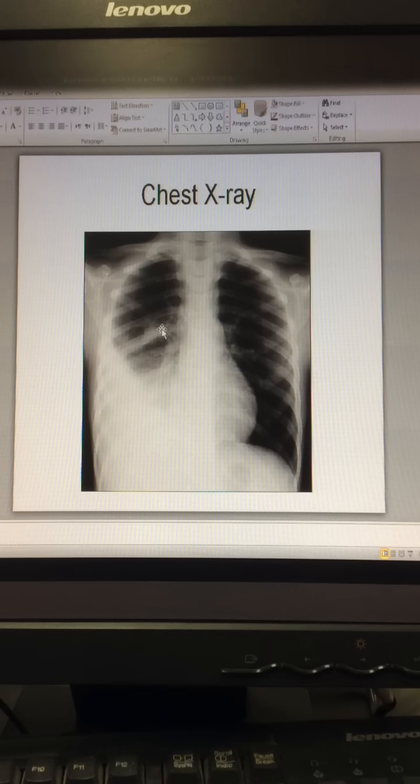Also, there is hilar lymphadenopathy, as you see here, and these streaks spreading all over the lung parenchyma represent consolidation of the lung parenchyma, which is consistent with pneumonia.